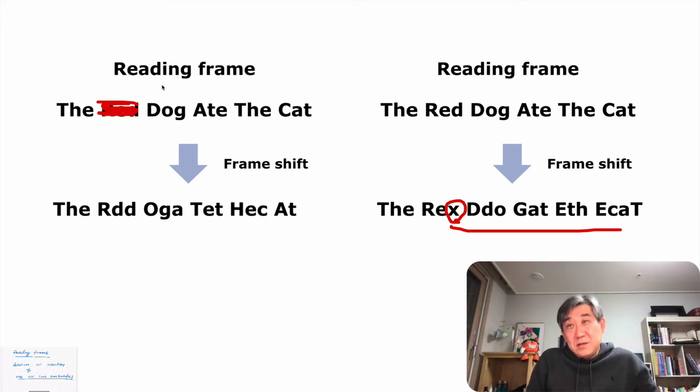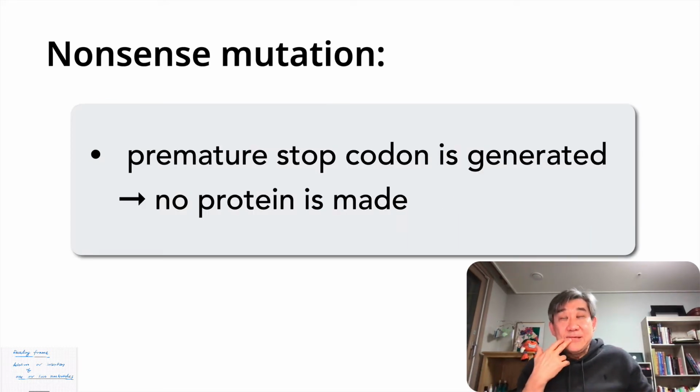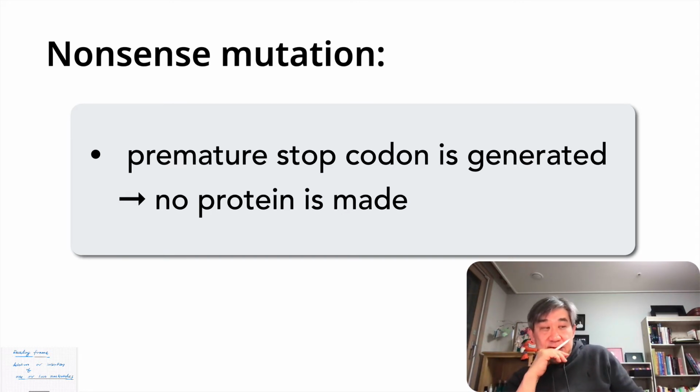The same thing will happen in the case of a 2-letter insertion. But if you add 3 letters, there's still a little bit of a change in meaning, but overall it maintains the communication. So that's the frame shift in summary.